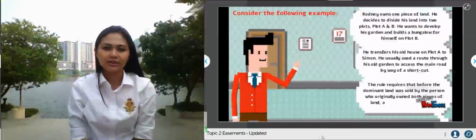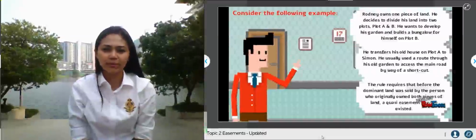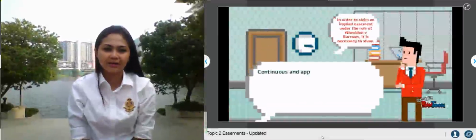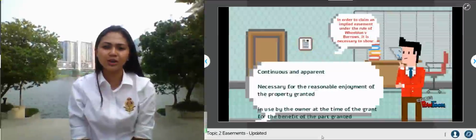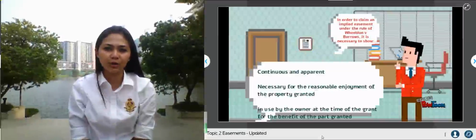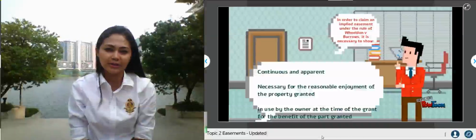In such a way, you can say that you have an easement by way of Wheeldon and Burrows. There are three elements for easement by way of Wheeldon and Burrows to exist: continuous, reasonable enjoyment, and must be used by the owner at the time the grant was granted.